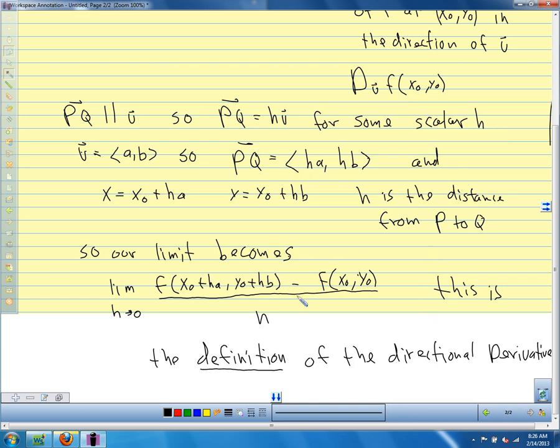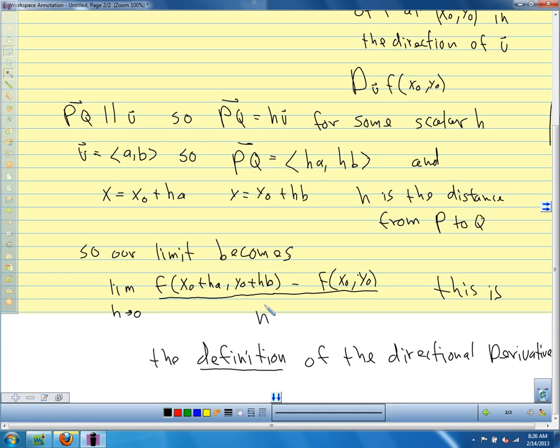Well, again, we have a definition of our directional derivative. We know what it is. It's the rate of change of our function as we move in some particular direction. We still need an easier way to calculate this. These limits are not generally easy quantities to work with. So we want an easier way to calculate this.